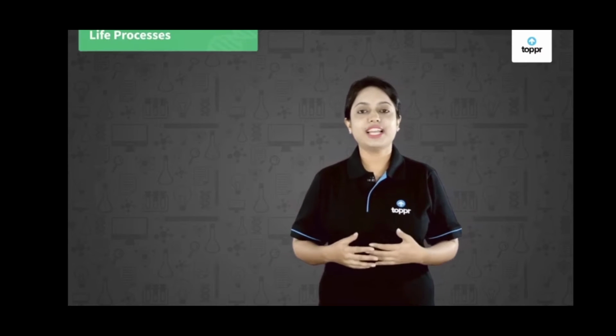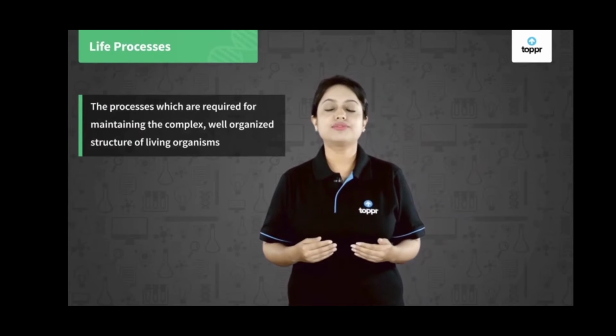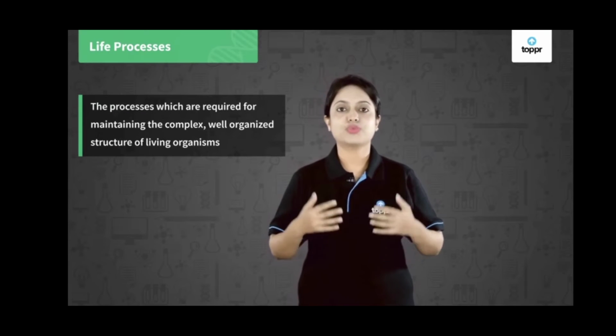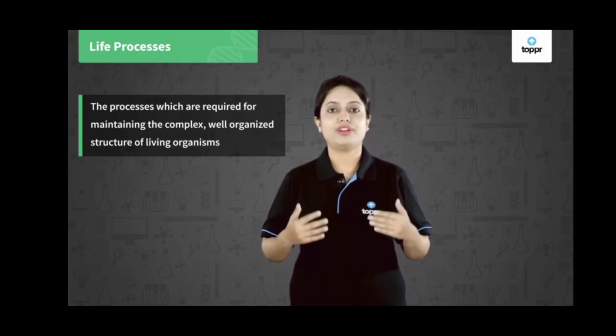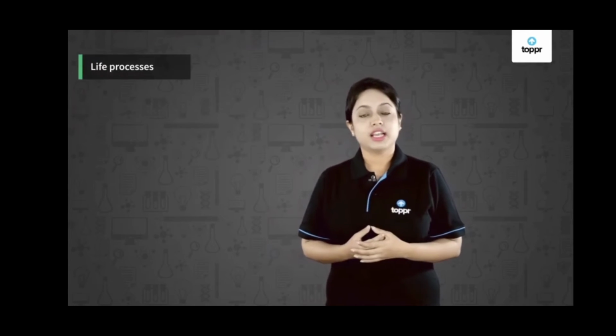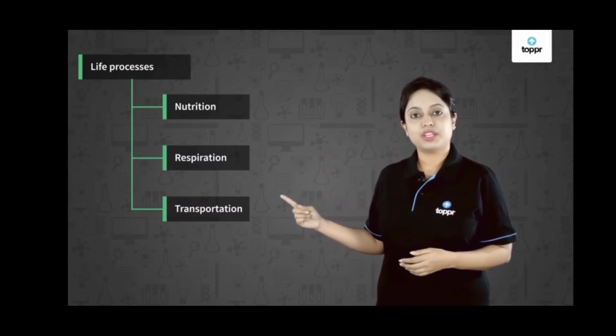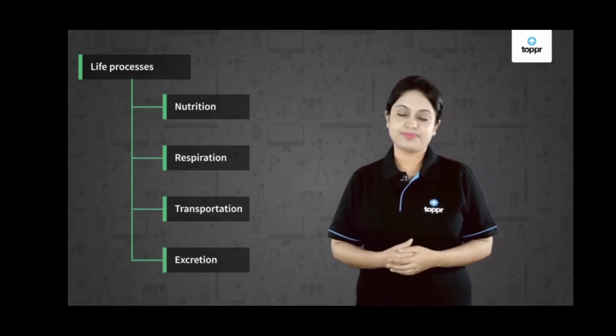So, we can define life processes as the processes which are required for maintaining the complex, well-organized structure of living organisms. These life processes can be subdivided into 4 sub-processes: nutrition, respiration, transportation and excretion.